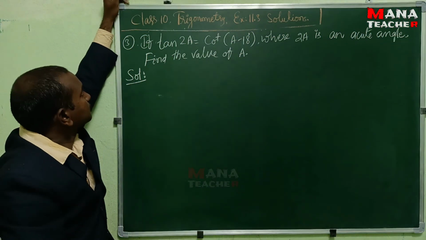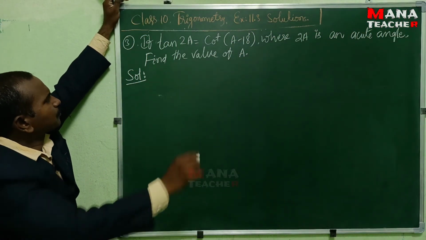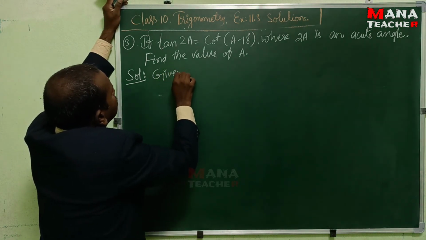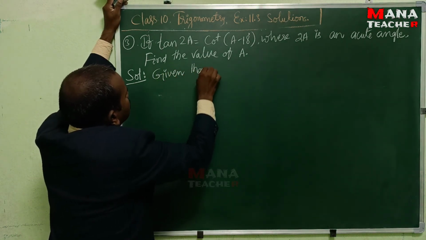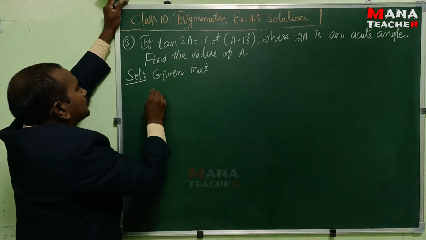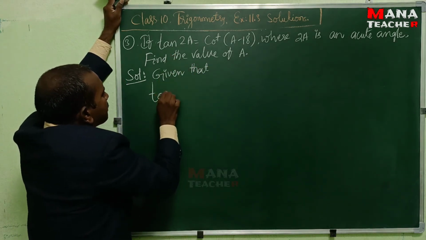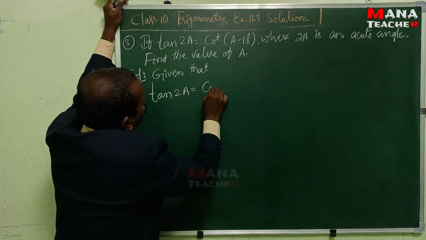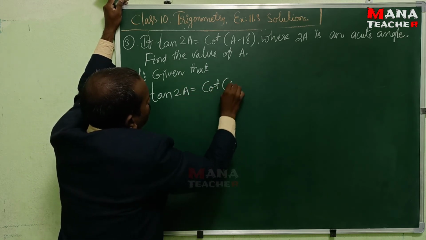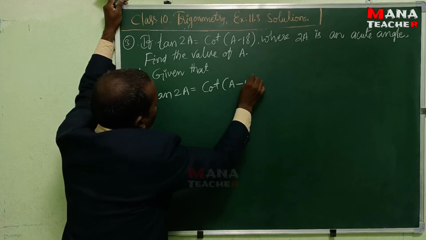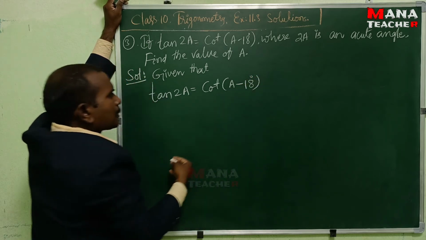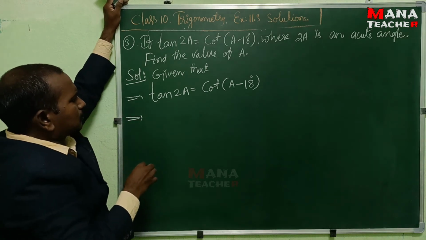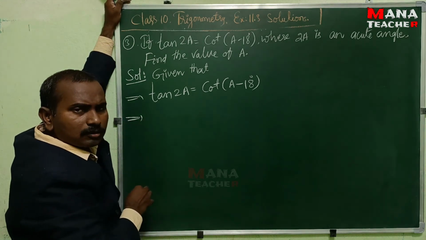Now third problem. Given that tan 2A equals cot of A minus 18 degree. Now tan write in the form of cot 90 minus theta.